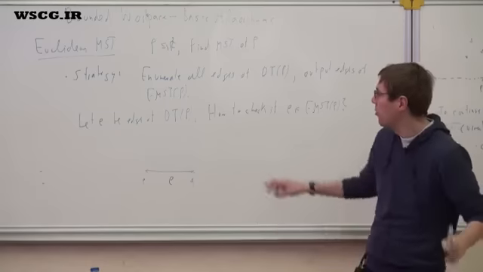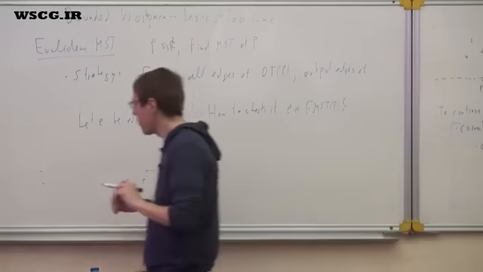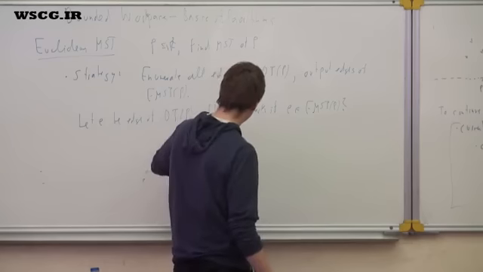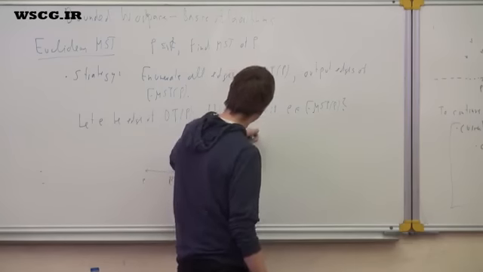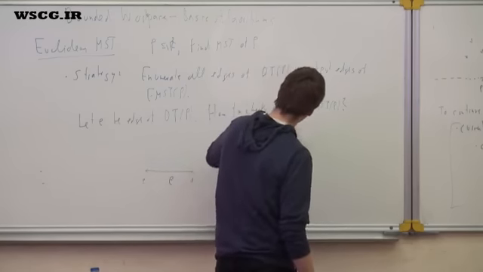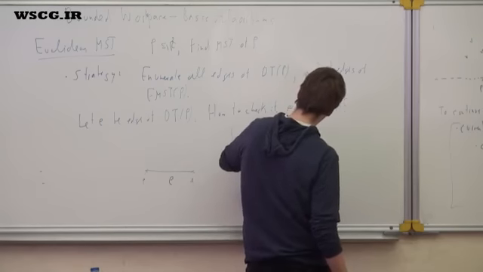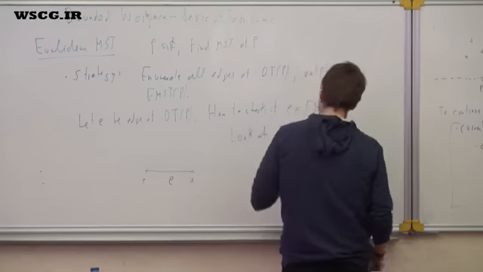So how can we do this in this setting? Look at the Delaunay triangulation. I call it dt at most E of P. What do I mean by this?